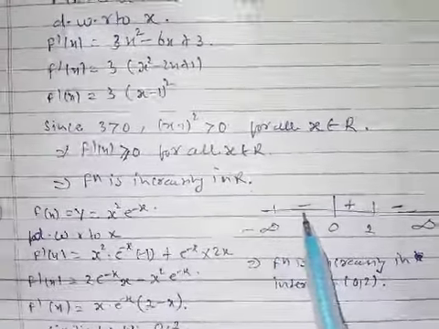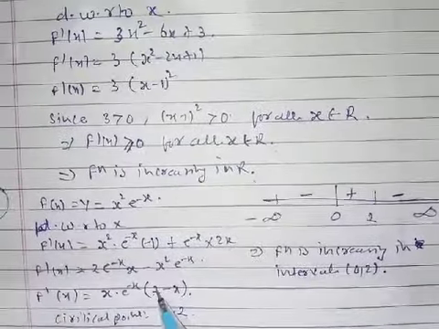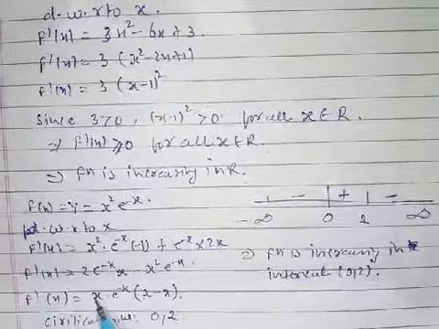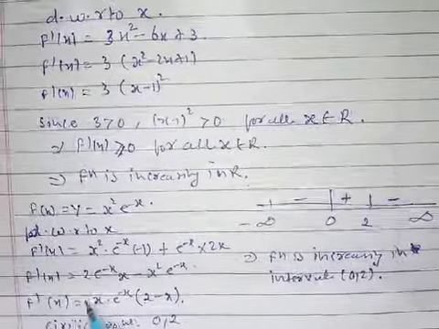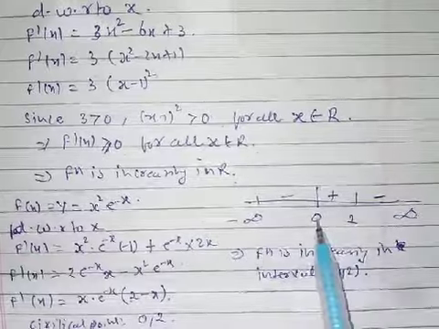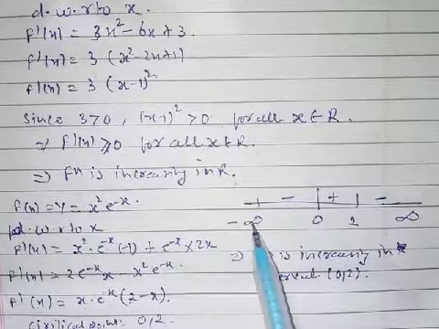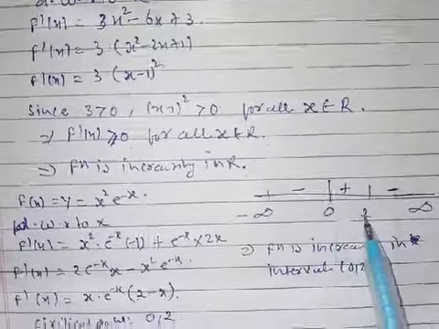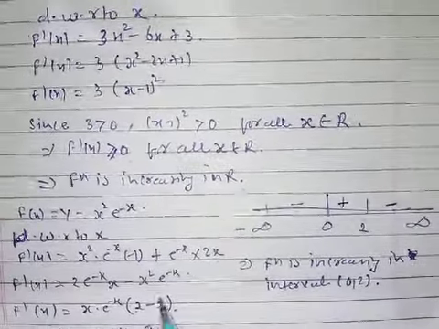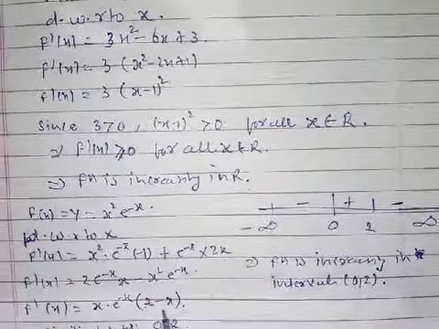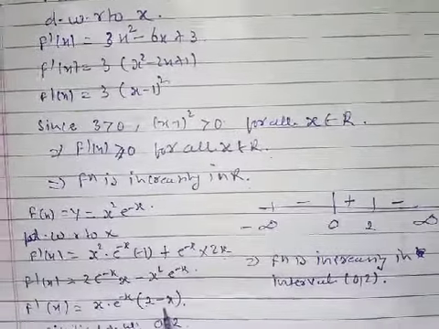Take minus 1 and substitute here: minus, plus, so it will be negative. So f dash of x will be negative in between minus infinity to 0. In between 0 and 2, say take 1 and substitute, this will be positive, this will be positive, so the entire value will be positive, so it is increasing.